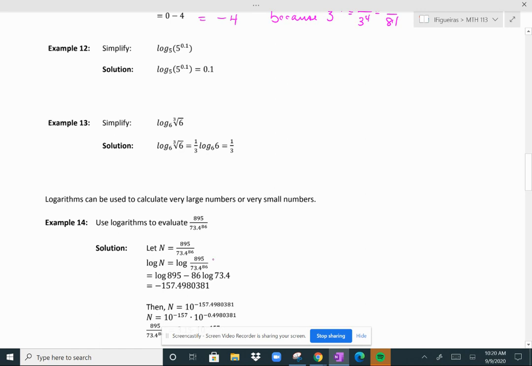But from here to there, I use the log laws. So I wrote it as a difference because of the quotient law, and I also put this exponent in front. So it's log 895 minus 86 log of 73.4. Okay, so now this is more manageable.